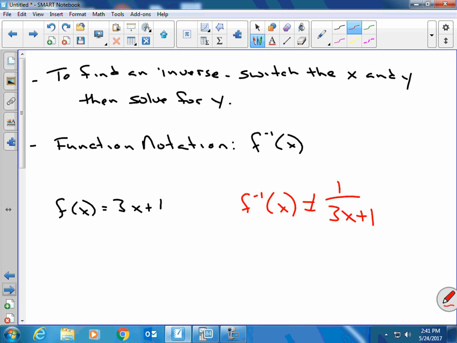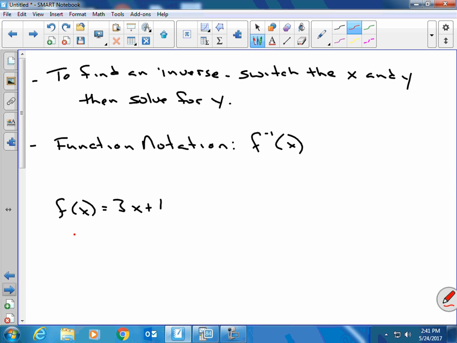Remember how I said back in other videos, 3 to the negative first power is 1 over 3? Not true in function notation. In function notation, f to the negative 1 does not mean 1 over. Okay, I think I've said that enough times. It does not. Capital N, capital O, capital T does not mean 1 over. It means switch the x and the y and then solve for y. All right, enough of that.